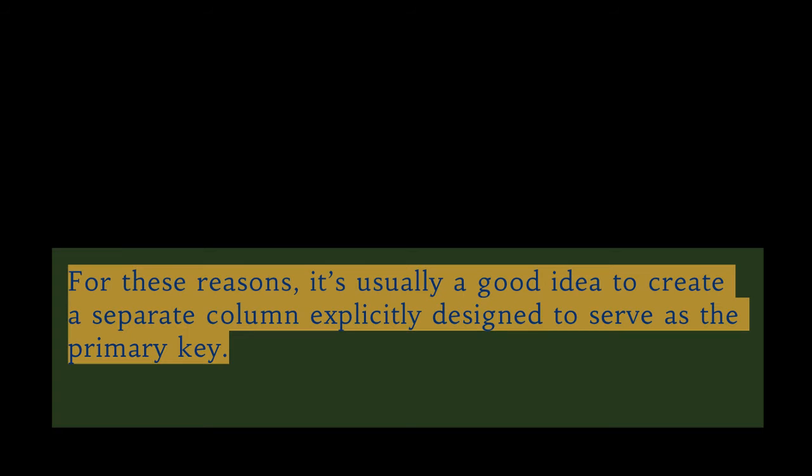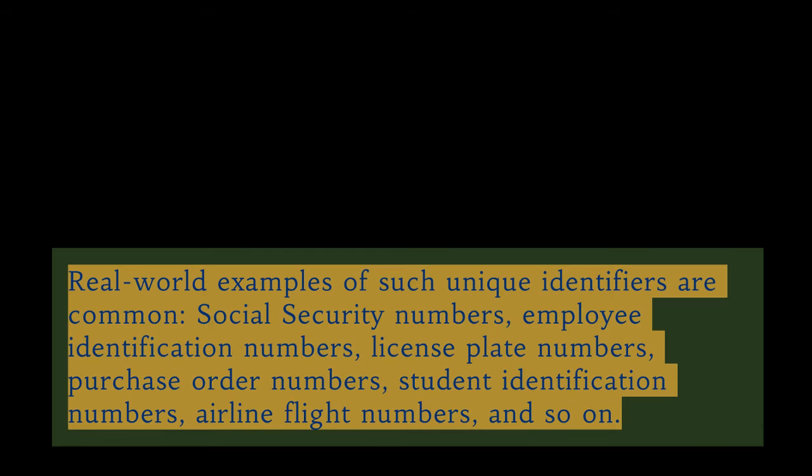For these reasons, it's usually a good idea to create a separate column explicitly designed to serve as the primary key. Real-world examples of such unique identifiers are common. Social security numbers, employee identification numbers, license plate numbers, purchase order numbers, student identification numbers, airline flight numbers, and so on.